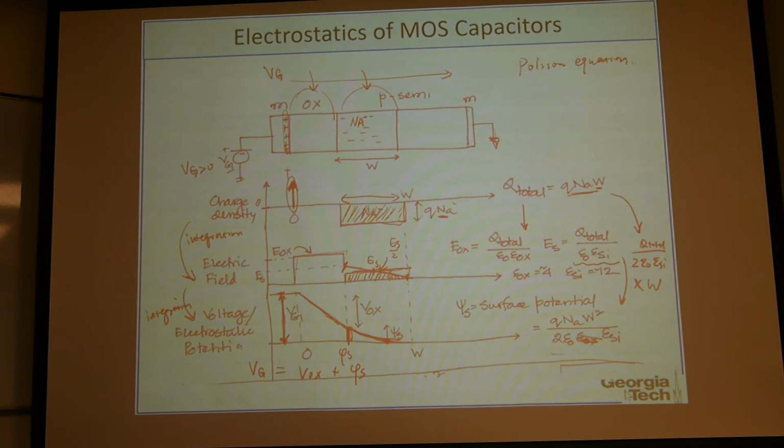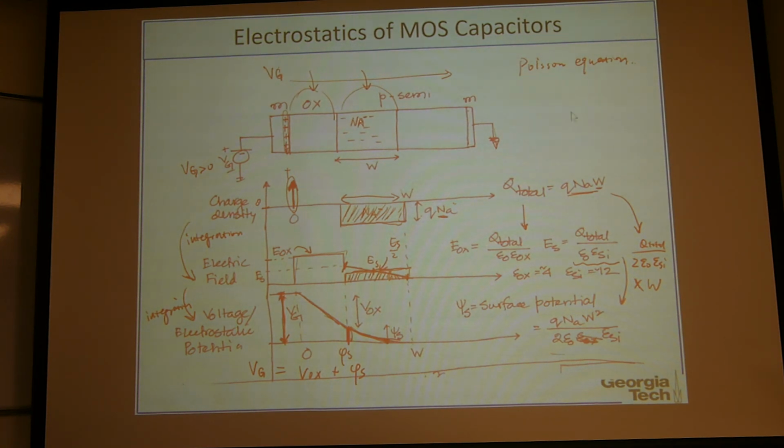By the way, I don't require this derivation, it's very complicated. But I want you to understand the relationship from the charge to the electric field. You integrate the charge over some distance, you will get the electric field. From the electric field to the voltage, you integrate that field across that distance, you get the voltage potential.